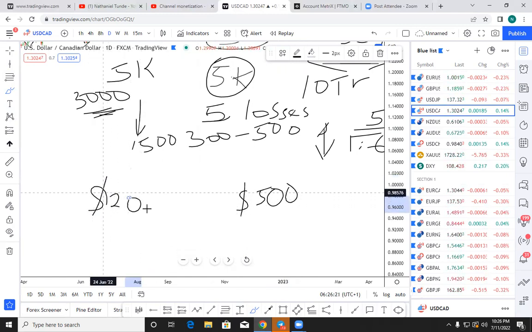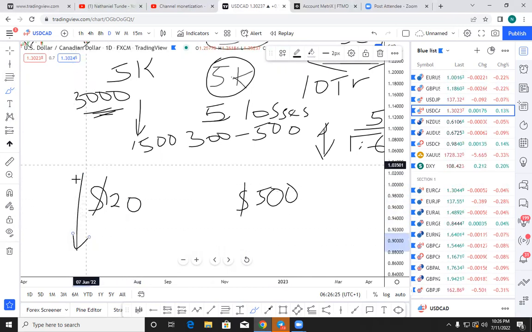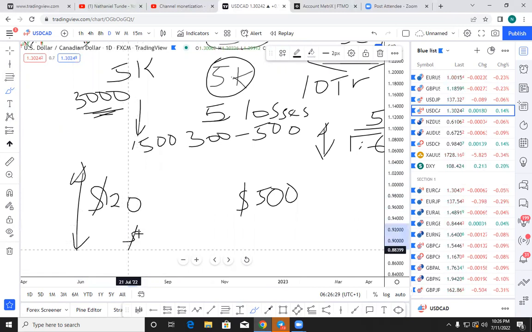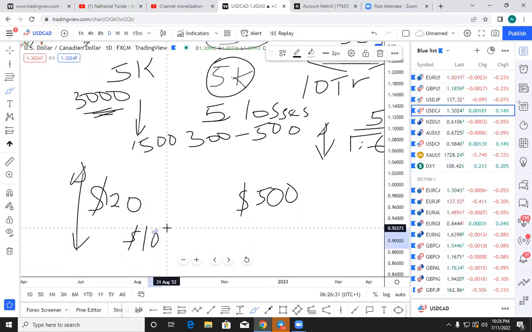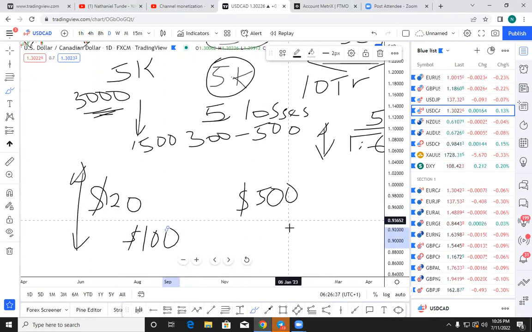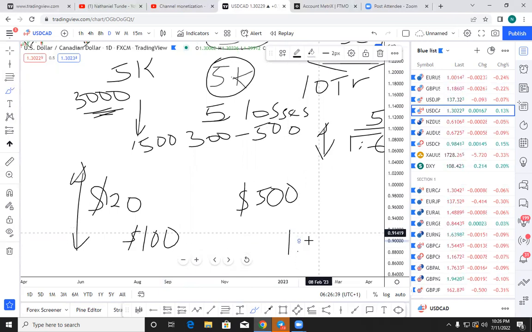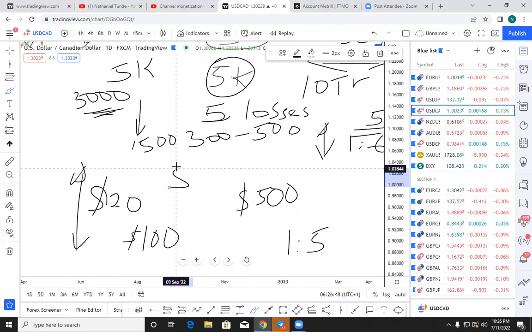So that even if you lose $20 in 5 places, you have lost $100 out of $500, which will not kill you. But if you have a win of 1:5, guys, it means that you are risking $20 and you are getting 20 times 5, you are getting $100.